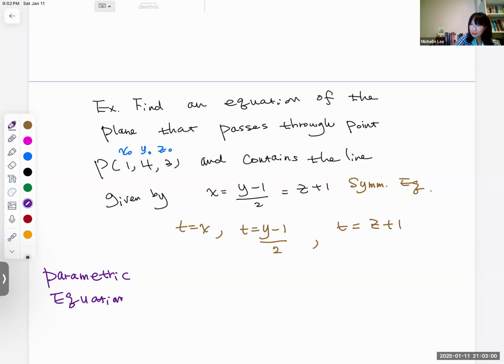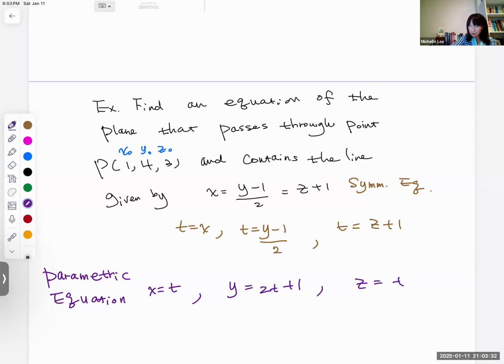So t equal to x, so x equal to t. Then y equal to 2t plus 1. Solve for x, solve for y, solve for z. z equal to t minus 1.